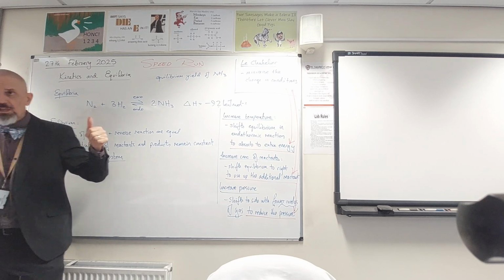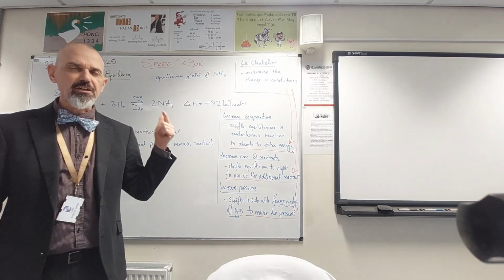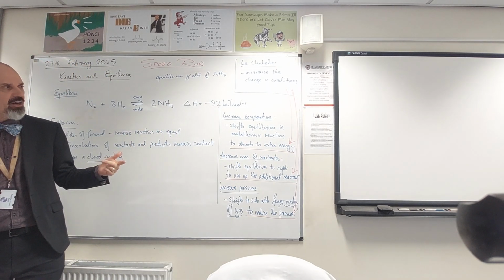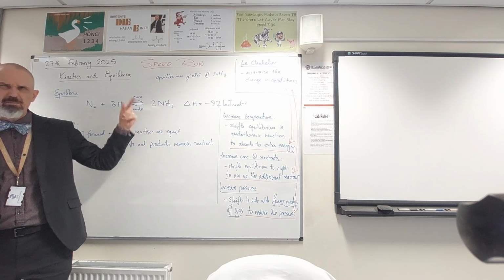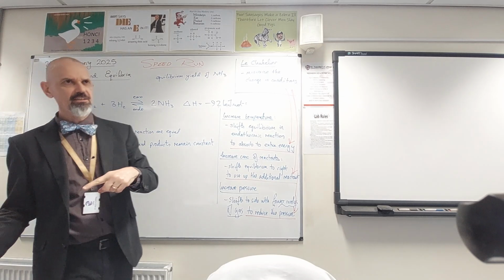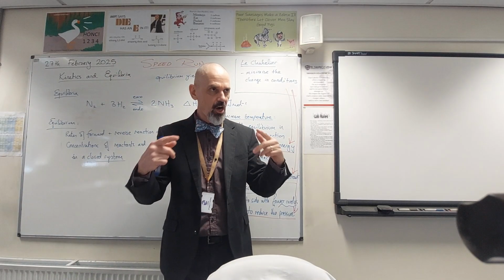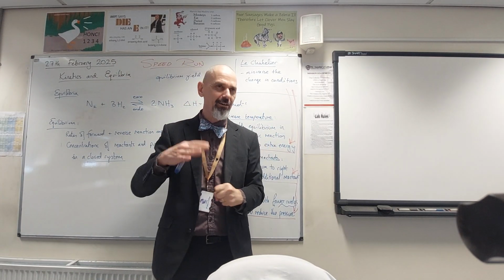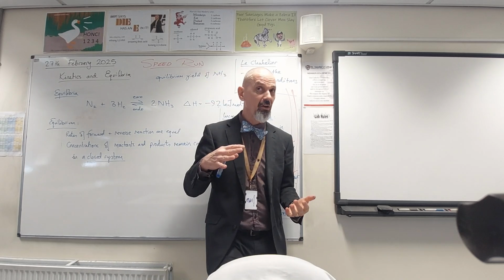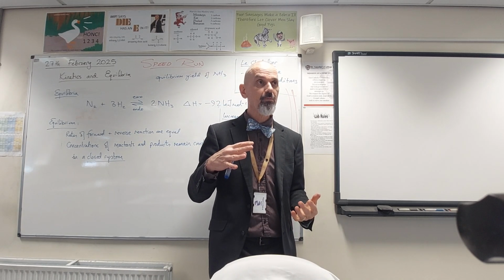Right. So the higher the temperature, the rate of reaction is faster, but I'm making less ammonia. But I'm making less ammonia faster. So there's two things in direct conflict with one another: the rate of the reaction and the amount of ammonia, or the percentage yield of ammonia that I'm making.